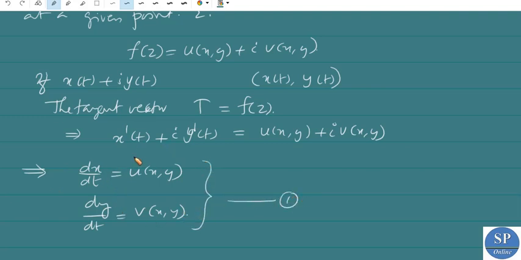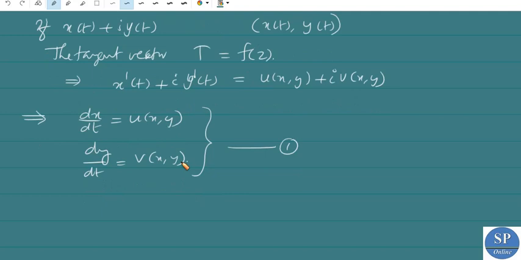That is, comparing the real and imaginary parts on both sides, we get dx by dt equal to the real part of f of z and dy by dt equal to the imaginary part of f of z, where T is the tangent vector. Here x of t plus iy of t is the parametric representation for the path of a particle in the fluid flow.